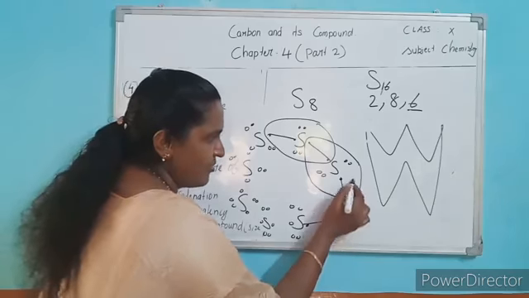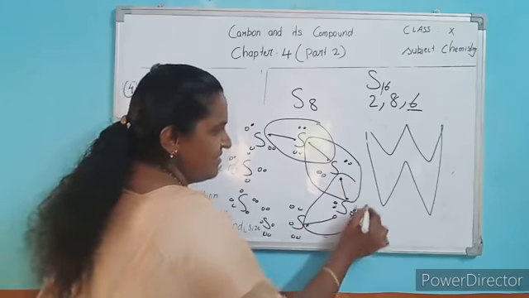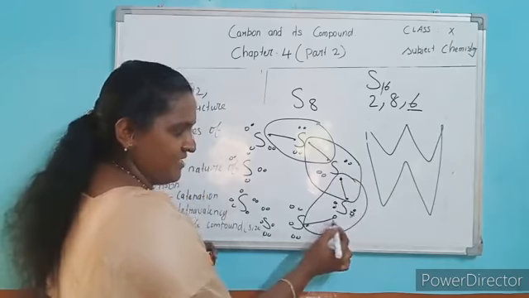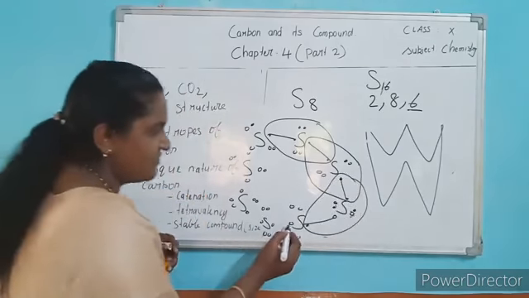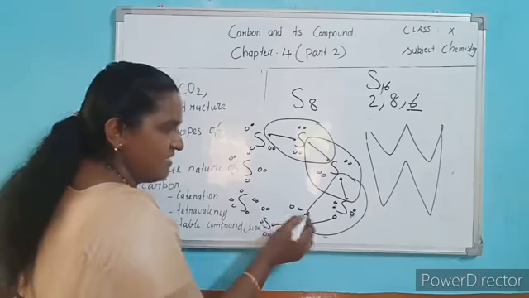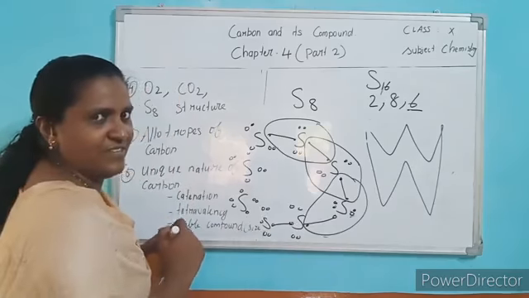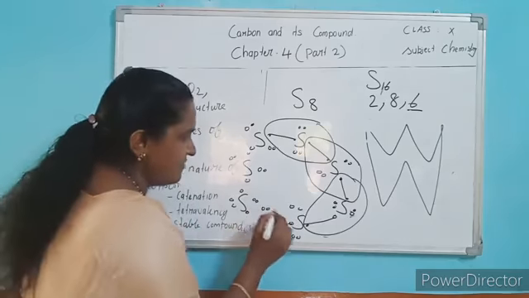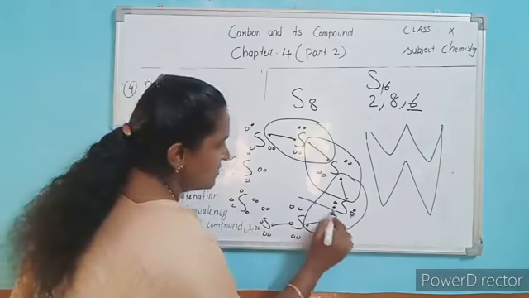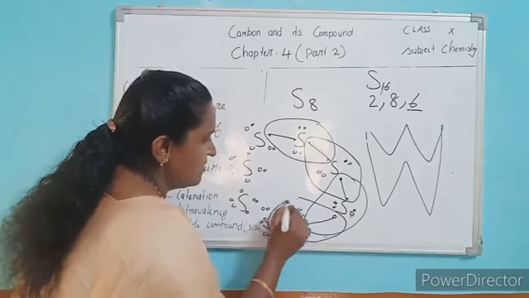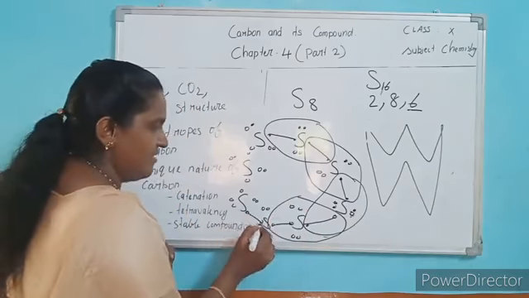And how do you draw? 1, 2, 3, 4, 5, 6, 7, 8. Clear? Between the sulfurs, 1 bond. Between two sulfurs, how will you draw this one? Count it, you will get 8.